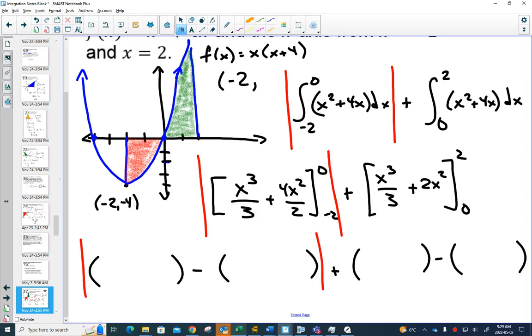So plugging in 0, I love 0. Mental math is just nice with zeros. Plugging in -2, we're going to get -8 over 3 here, and plus 8. Plug in 2 here, we're going to get 8 over 3, 8.